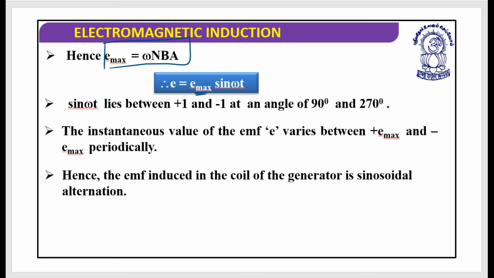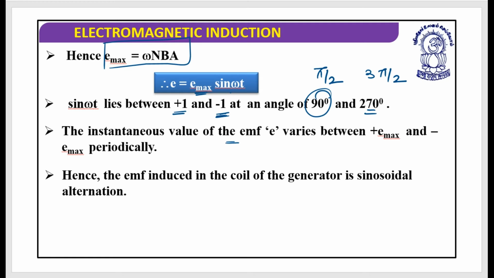Now the range of sine omega t is from plus 1 to minus 1. It has a value of plus 1 at an angle of 90 degrees, pi by 2, and minus 1 at 270 degrees, which is 3 pi by 2. So this will give a maximum value at pi by 2 and 3 pi by 2.